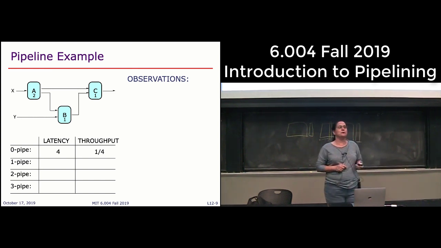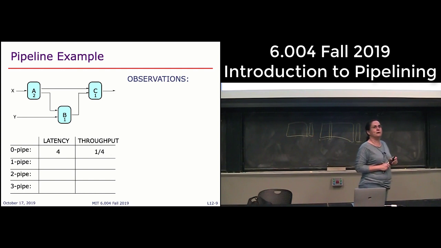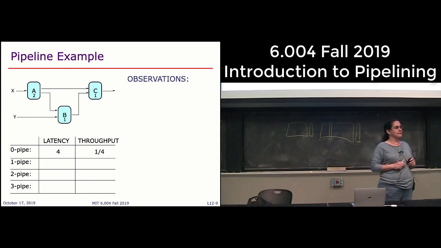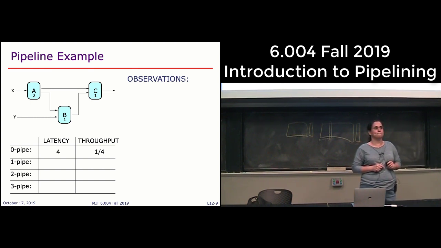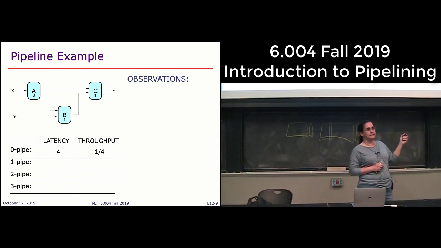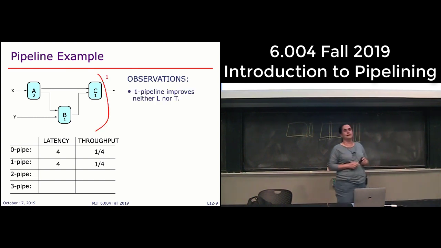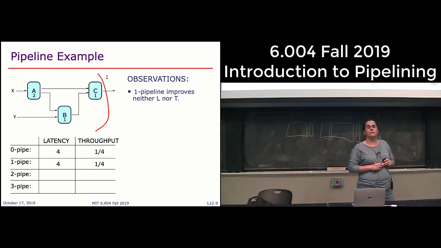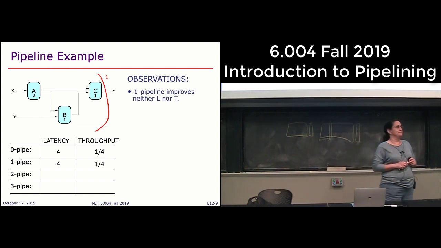All right, well now suppose that I make this a 1-stage pipeline. What's that going to look like? Where is my register going to be if I have just a 1-stage pipeline? Well, we said we always have to have registers on our outputs, right? And so this is a 1-stage pipeline. So what is the latency of this circuit?